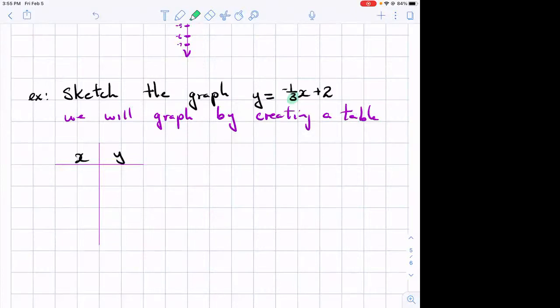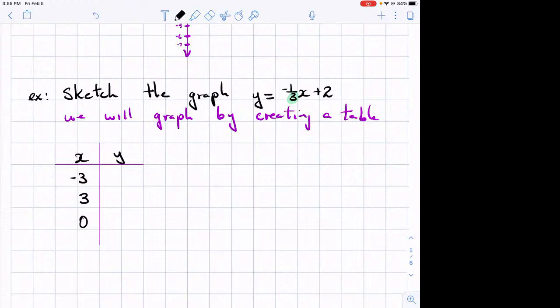Meaning you can choose -6, -3, 0, 3, 6, 9, 12, and so forth. So we will choose -3, 3, and let's say 6. We can even try 0, okay?